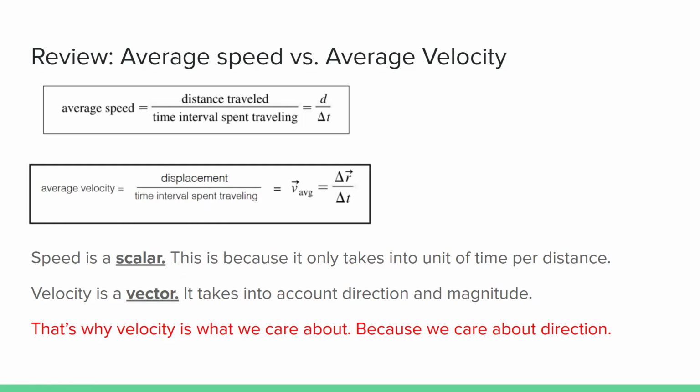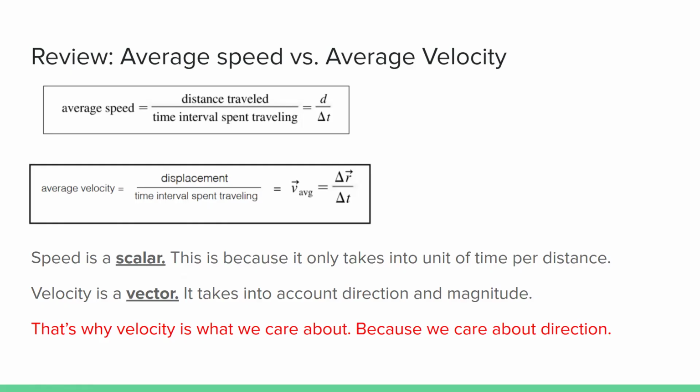And so with velocity, not only can we have a magnitude, so we know how fast or slow it's going, we also know what direction it's going. And this is the reason why velocity is what we care about, because in physics, direction definitely matters. That's going to make a difference if something will be negative or positive, depending on what is perceived as being the positive direction.